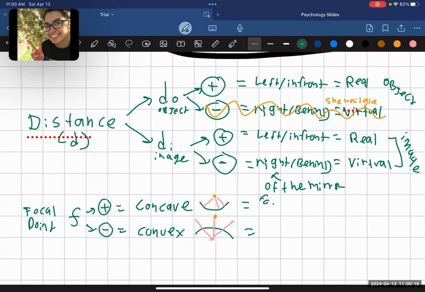So focal point: left and in front, or right and behind. So let me go ahead and copy and paste that.